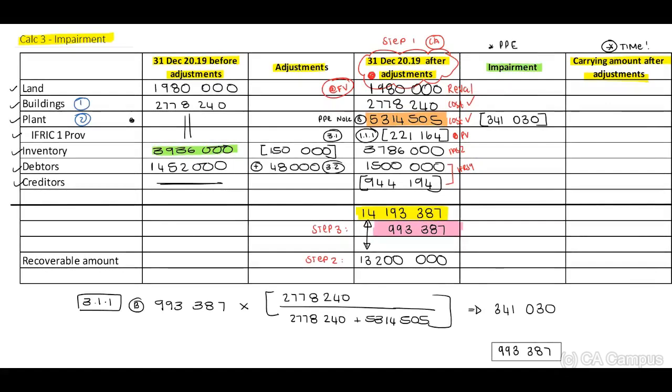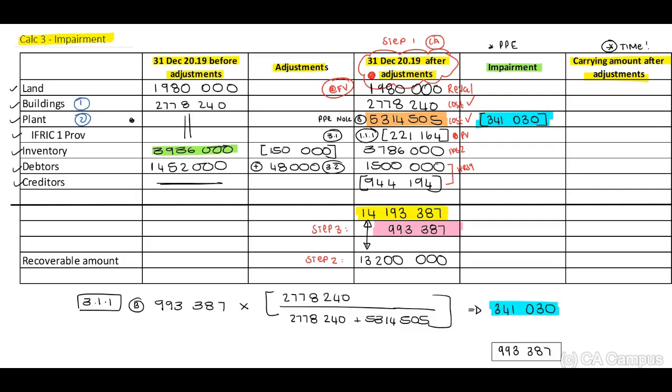And that total impairment relating to our buildings will be the 341,030. Okay, guys, you will see I do transfer this to the table at the top, but I don't actually have to, from a timing point of view.